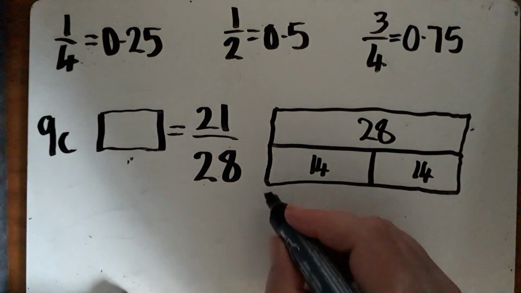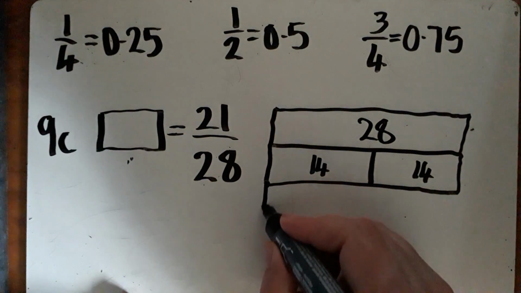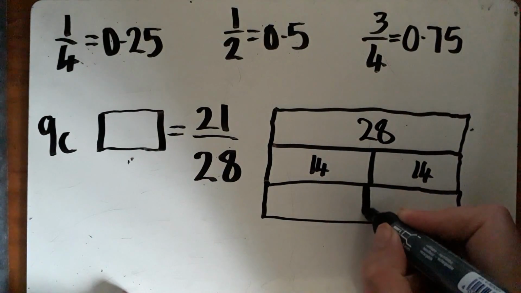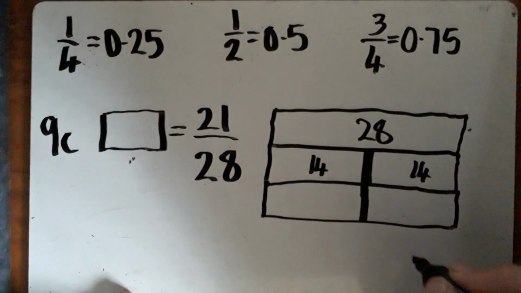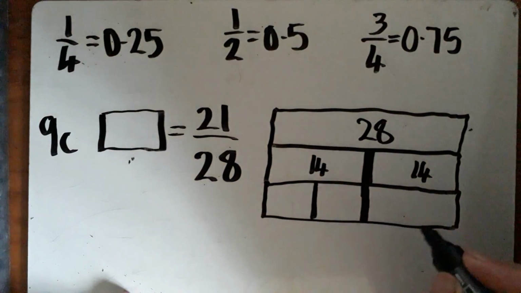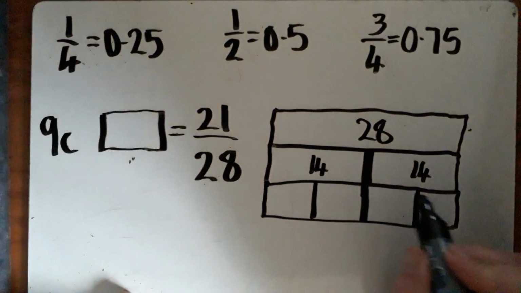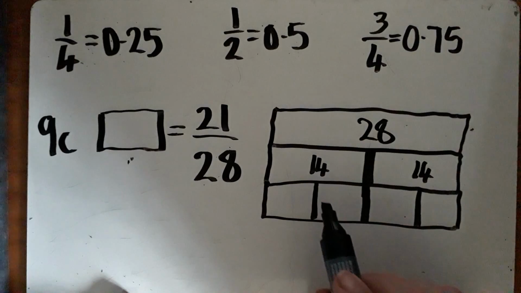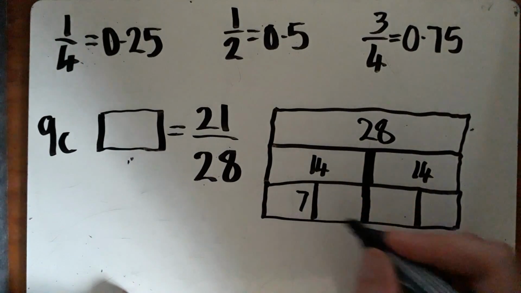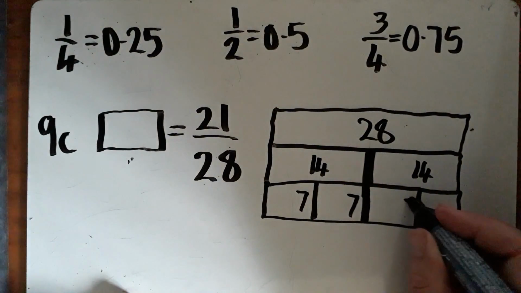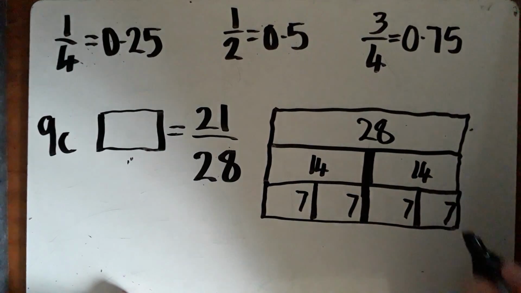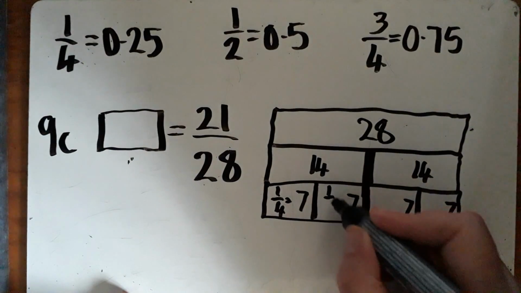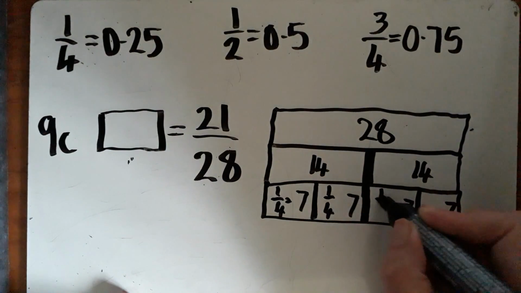Okay, and then I'm actually going to work out, let's just find out what my quarter is worth. Okay, so I've got to divide those 14s in half again, and half of 14 is 7. So a quarter is the same as 7.